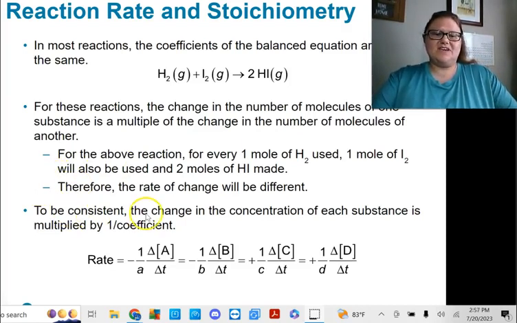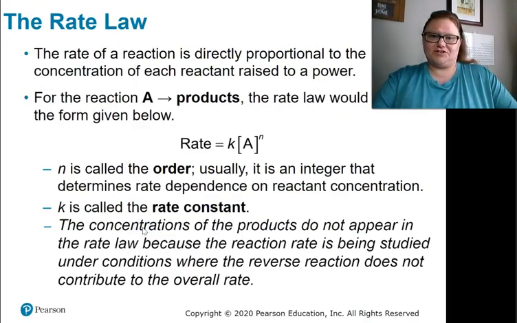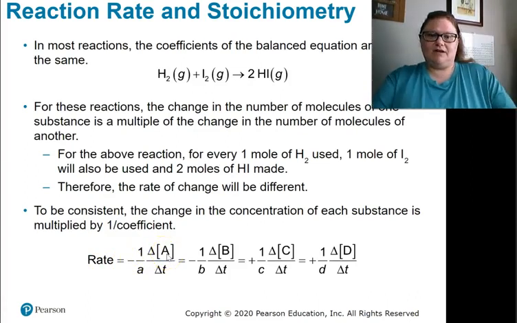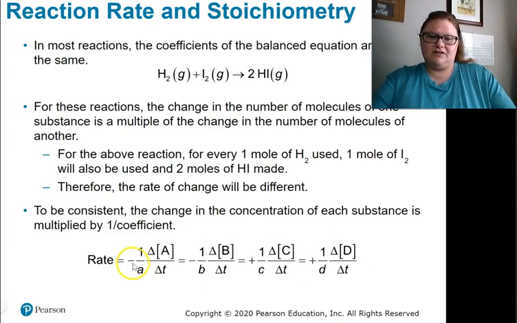To be consistent, the change in the concentration of each substance is multiplied by 1 over its coefficient. Back up a second here. What do we have? We have the rate equals, notice the sign, negative, for a general equation of A plus B yields C plus D. In this reaction, we're going to have our reactants with a negative in front.